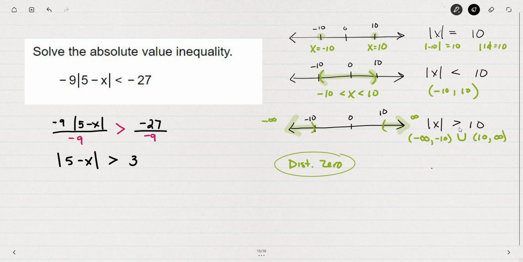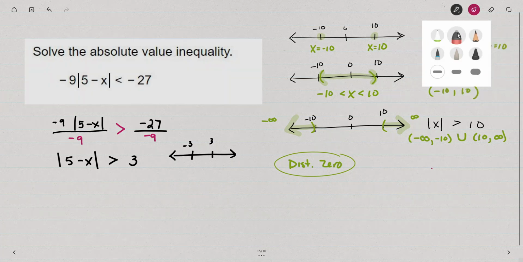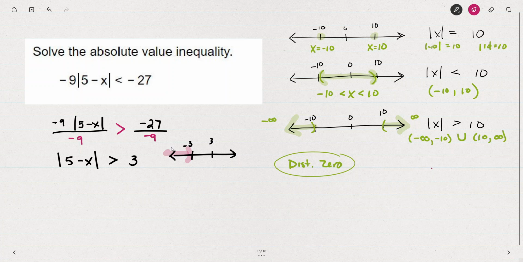So if I could picture that on a number line, we're going to start at negative 3 and go out to the left to negative infinity, or from 3 and go to the right. But let's solve this inequality.